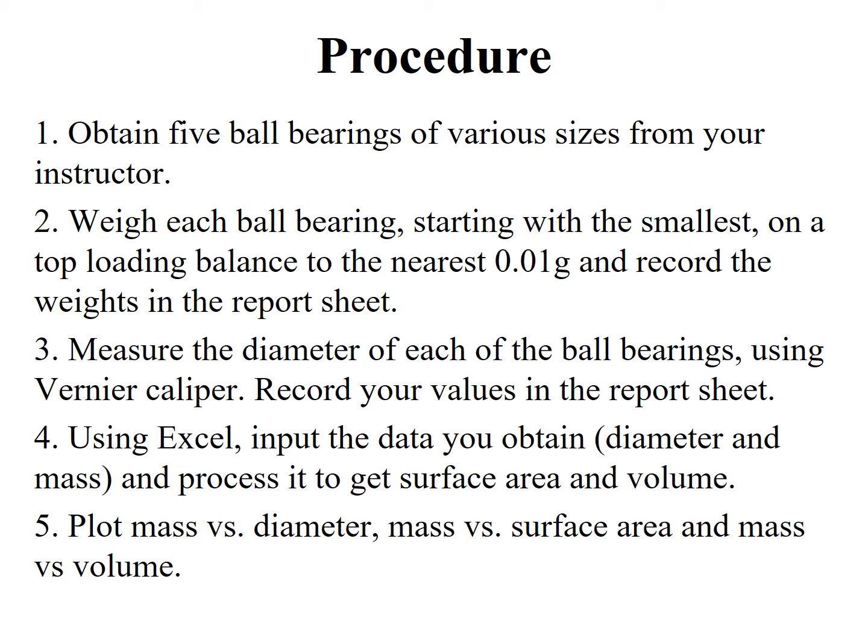Then you're going to measure the diameter of each of the ball bearings using the vernier caliper. There's a video on how to do this. You record your values in the report sheet.